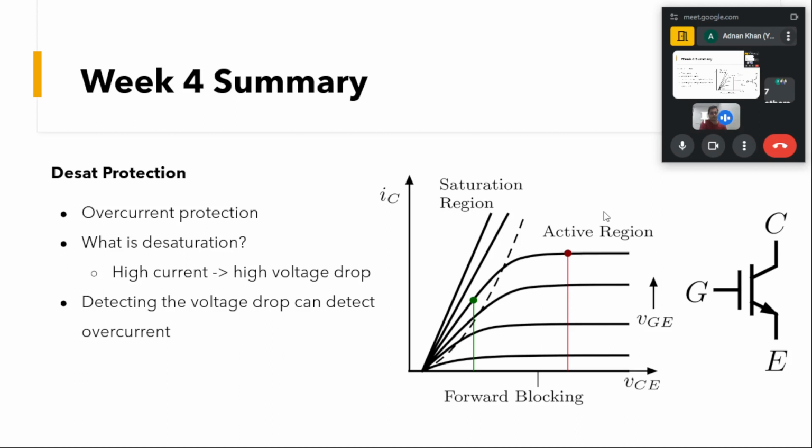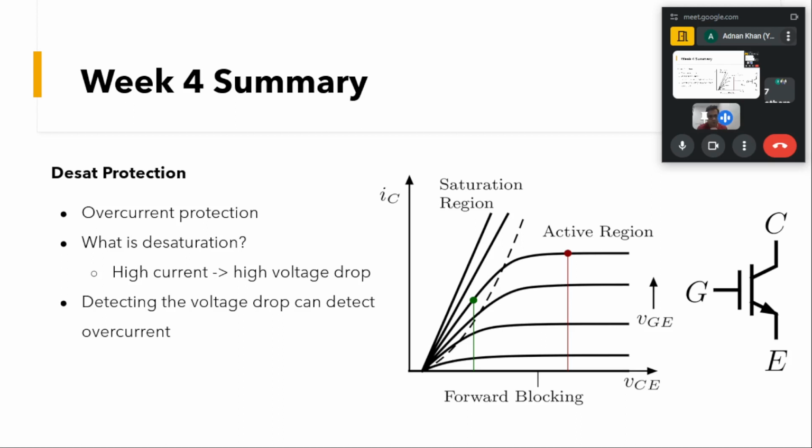So why do we need this sort of protection? Mainly, when we choose our devices, our devices are rated for certain voltage and current levels, and if our current goes beyond that rated level, it can cause damage to our devices.